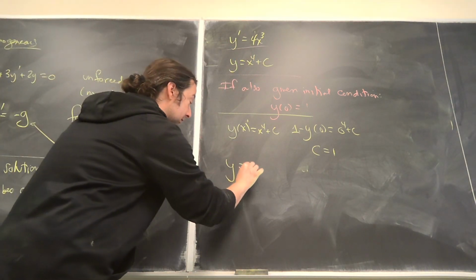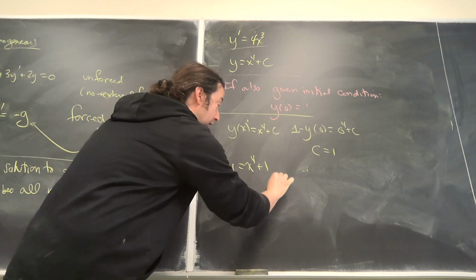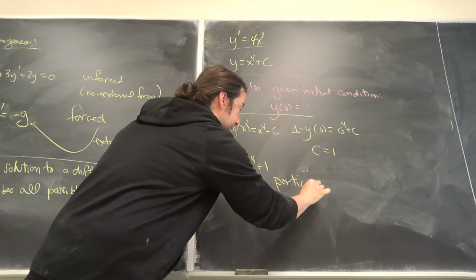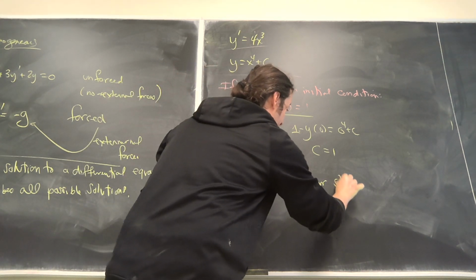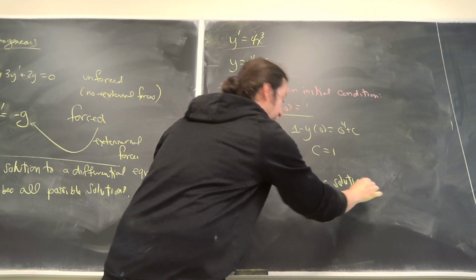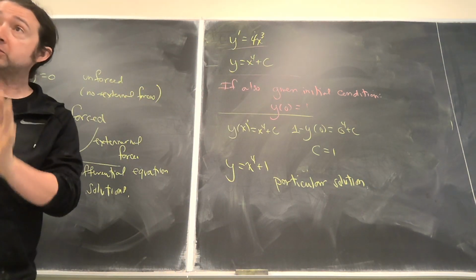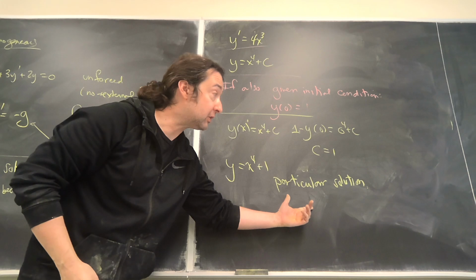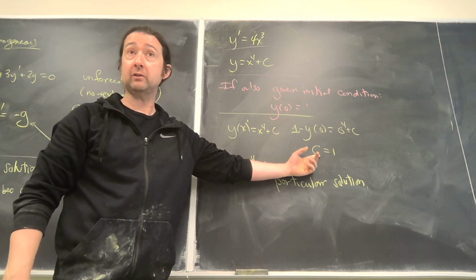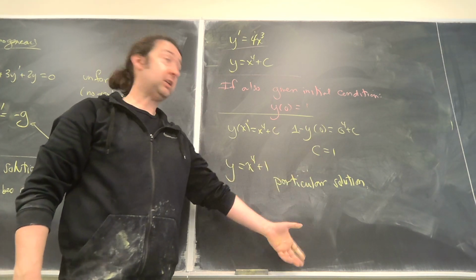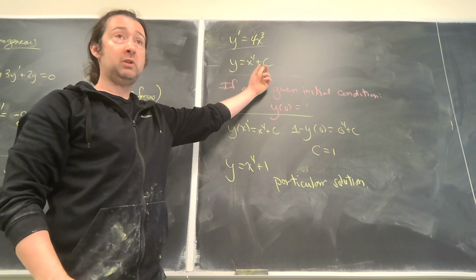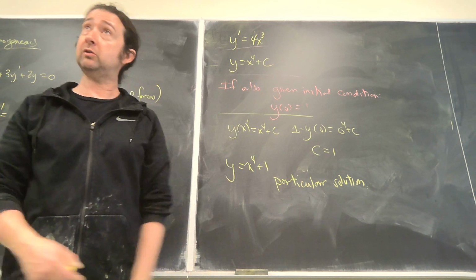This is called a particular solution. And that's a term of art, right? A particular solution is a specific solution that satisfies an initial value. So if I give you extra information, you can lock down what the plus c is, you've got a particular solution.